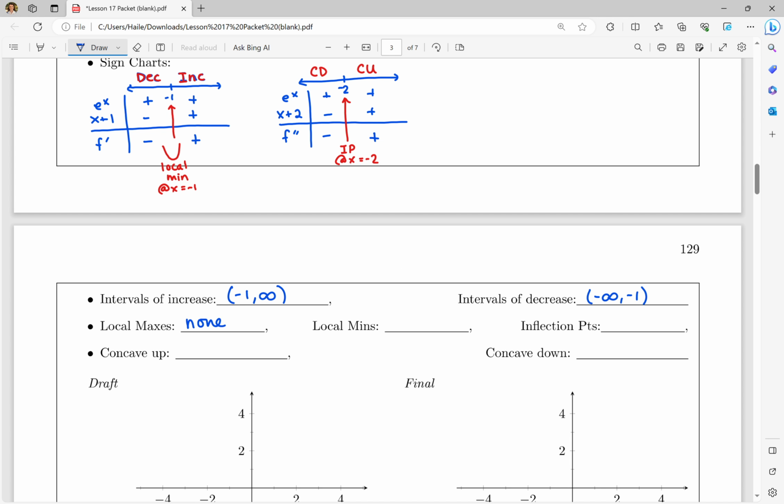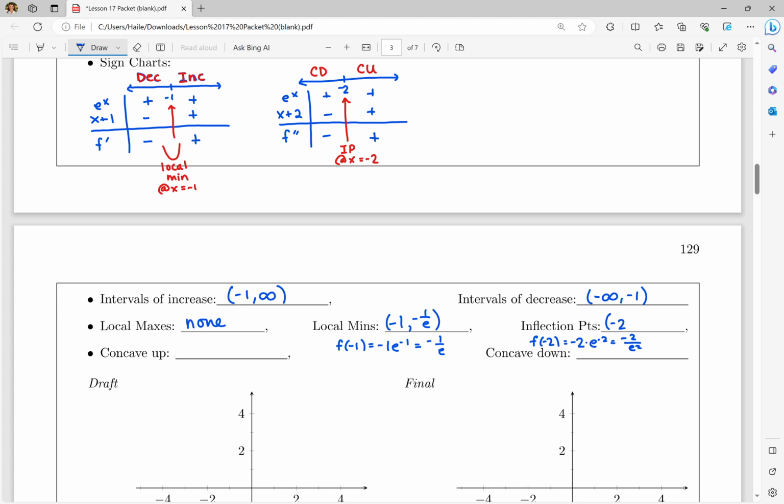Local min, it occurs at -1, and if we plug in f of -1, that's equal to -1 e to the -1, which is -1 over e. Inflection point, we have it occurring at -2, and then f of -2 is equal to -2 times e to the -2, which is equal to -2 over e squared.